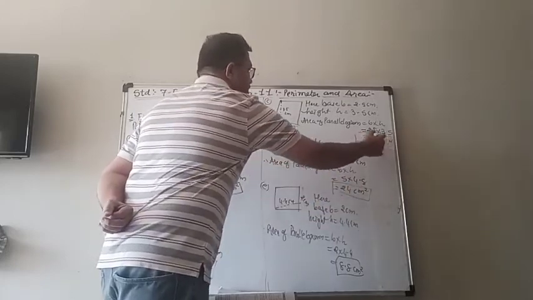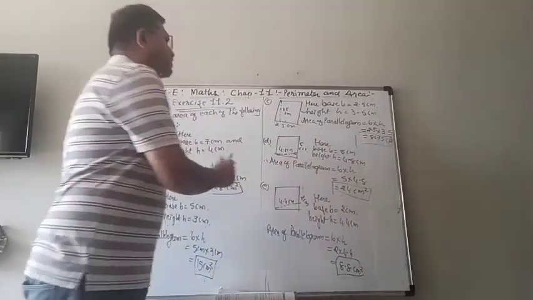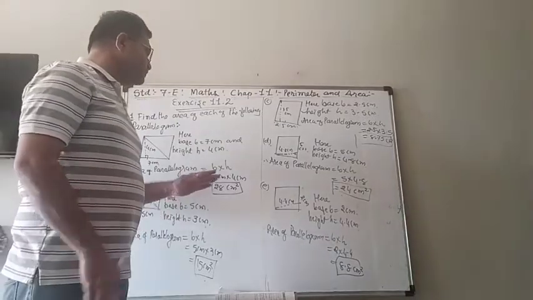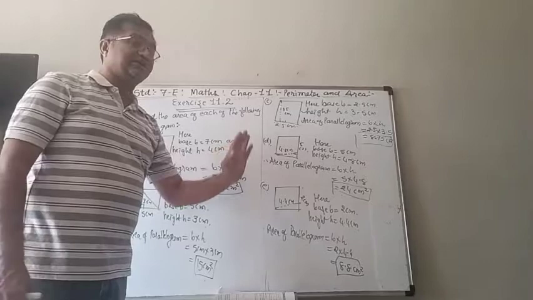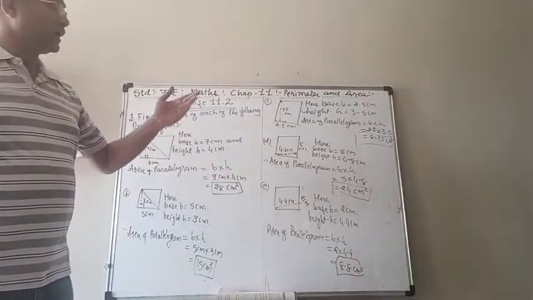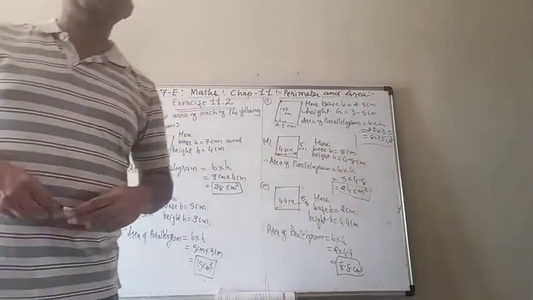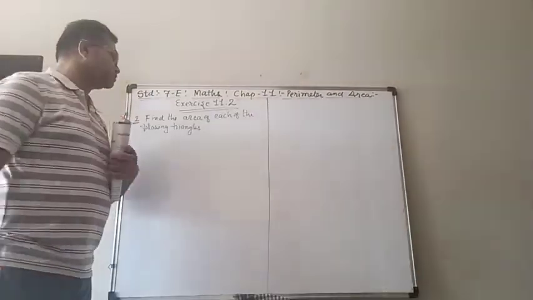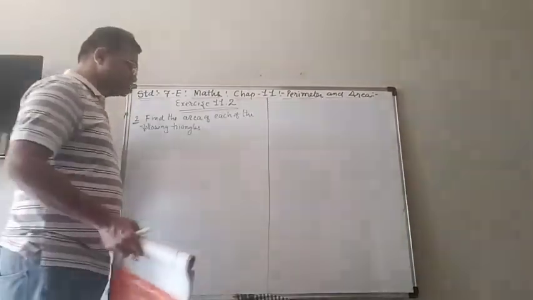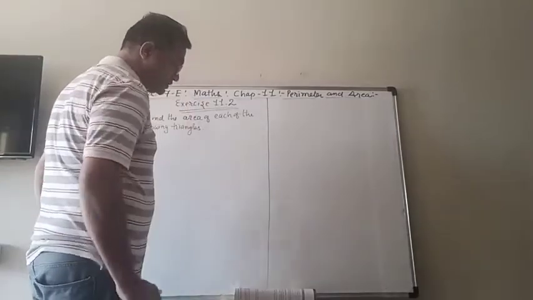So here the most important thing is the formula. If you know the formula for the parallelogram, here the base and height are given, so we can easily find the area. Now the second question, find the area of each of the following triangles.